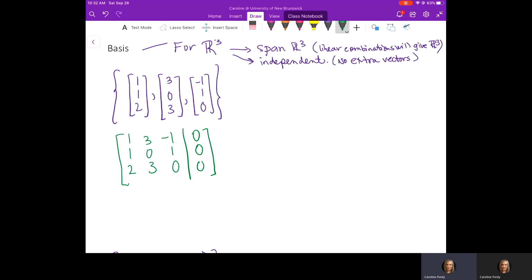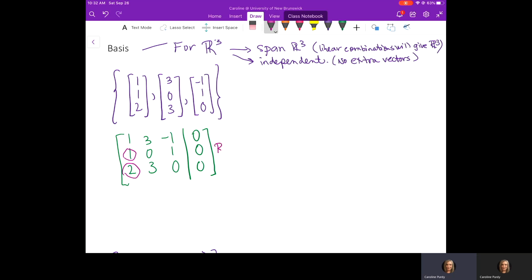We saw this before, and we augmented them instead with a general vector in R3. If we were asked for the exact span, what type of vectors this spans, then we would want to do that. But if we're just looking for if it's a basis, we can just put zeros and make things a little bit easier. So let's go ahead and row reduce this.